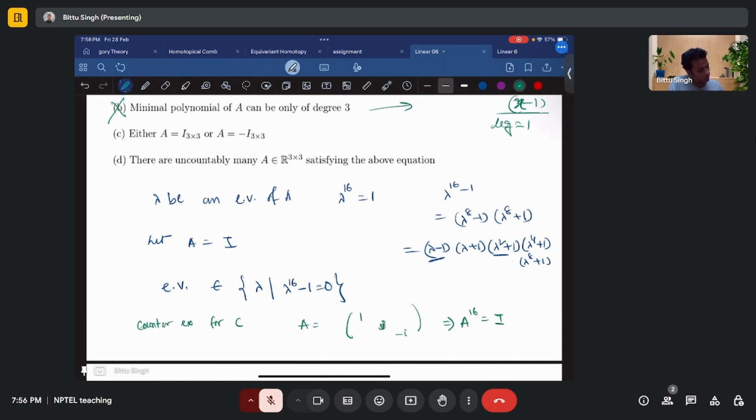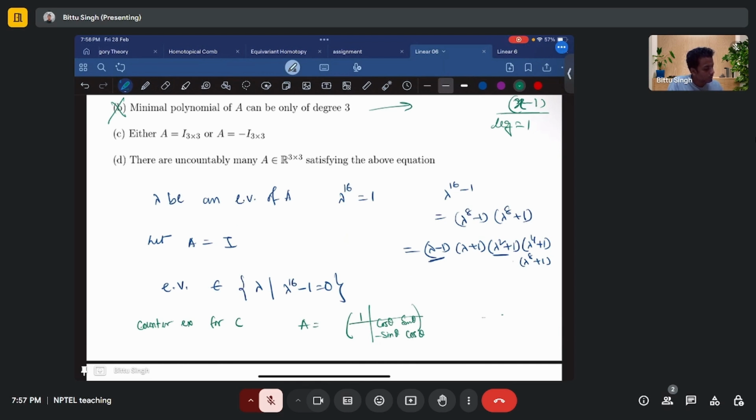Okay, so instead of plus minus I, let us write cos theta, sin theta, minus sin theta, cos theta. This is the block. Now everything is a real matrix, and here what is the eigenvalue?